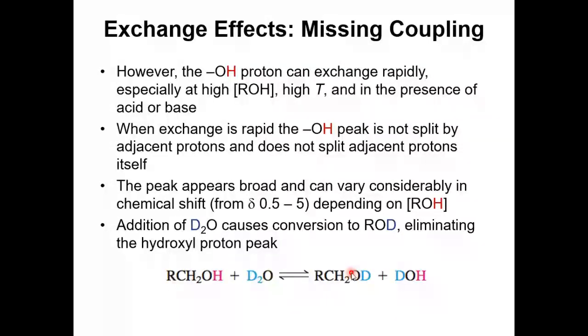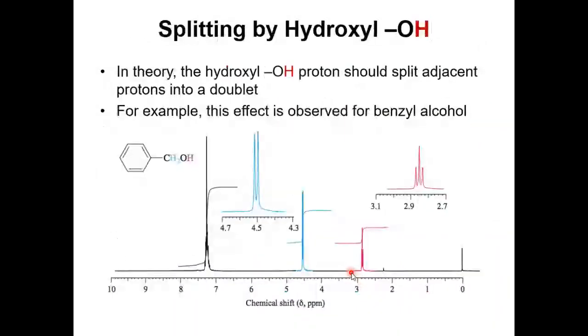So if you think a peak in an alcohol may come from the OH group, you can put in a drop of D2O, then shake it for a minute or two, then put it back. If that peak disappears or becomes much weaker, then you know that peak is the OH group. So like here, if you suspect, okay, I'm not sure whether the blue peak or this peak is the OH group, then put in a drop of D2O and shake it.